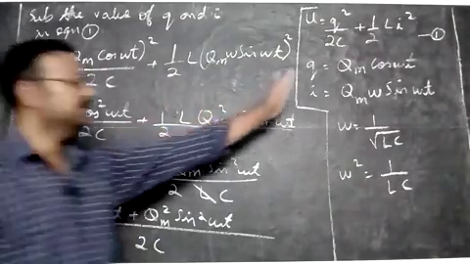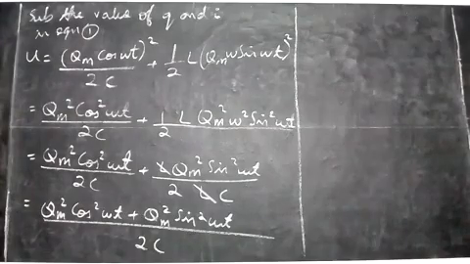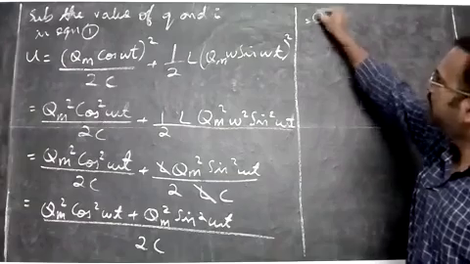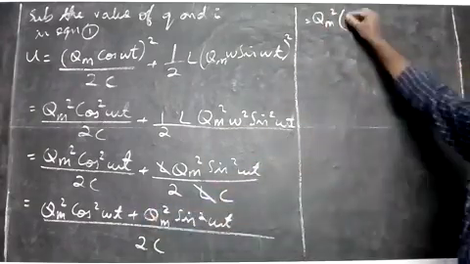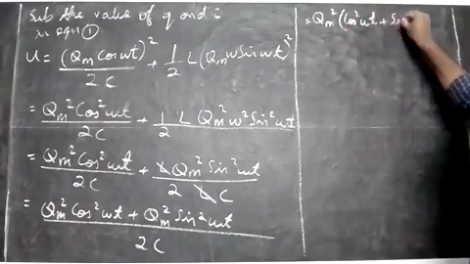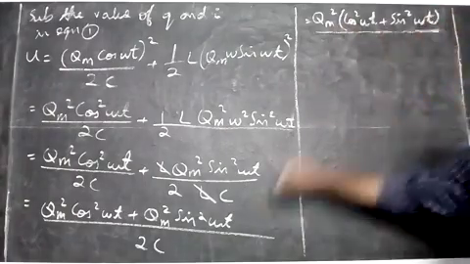Let me erase this side. So you get Qm square into cos square omega t plus sin square omega t, divided by 2C.